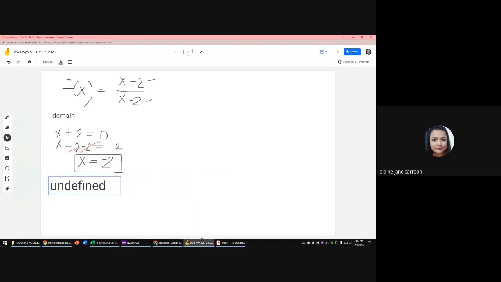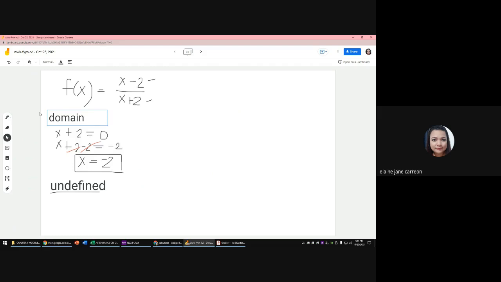Okay? Now, our goal here, bakit natin siya inequate? Bakit natin inequate ang denominator sa 0? It's because we want to find the value of x that can make the function undefined. Because it is too many for us to find or to list all of the possible values of the domain because they are infinite, or they have a lot of possible values that the x can take.